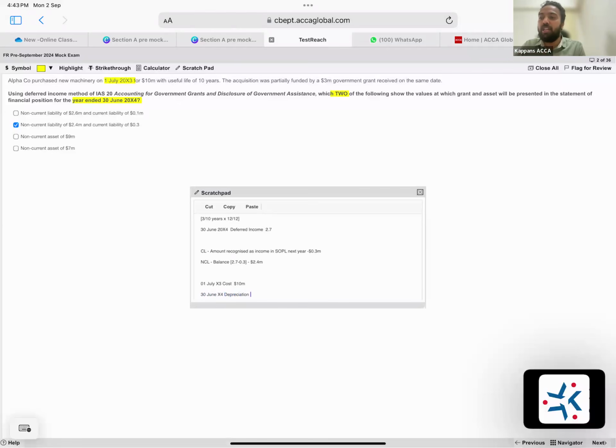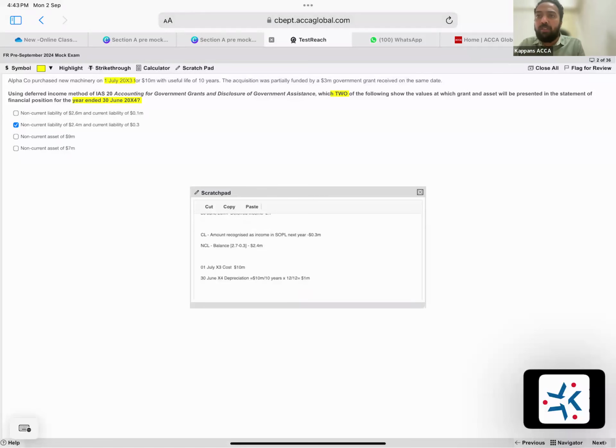So depreciation is equal to $10 million, which is the cost, divided by useful life 10 years. Don't forget about the depreciation. It has to be time proportioned. But in the given case, since the asset is bought in July X3, the beginning, you can take a full year of depreciation that is equal to 1 million.